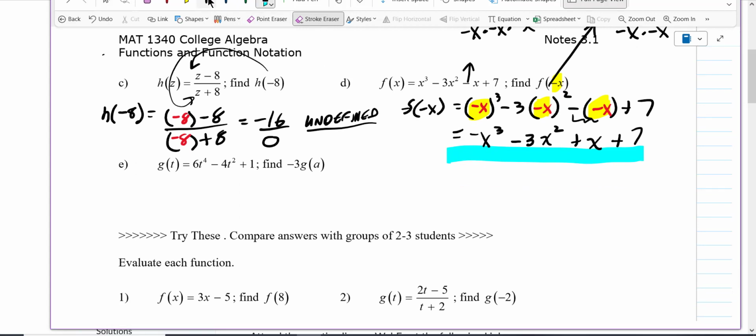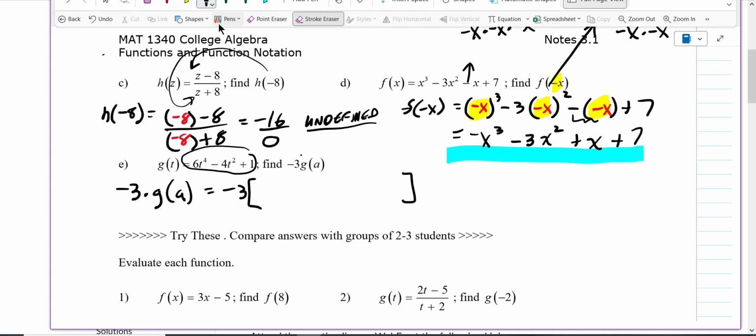Okay, one last situation on E is you're doing -3, and that means -3 times G of A. We don't put the times symbol there because that's part of the language: a number in front of a variable represents multiplication. So what I'm going to do is bring down the -3 like that, then draw a bracket, and plug in to that function.